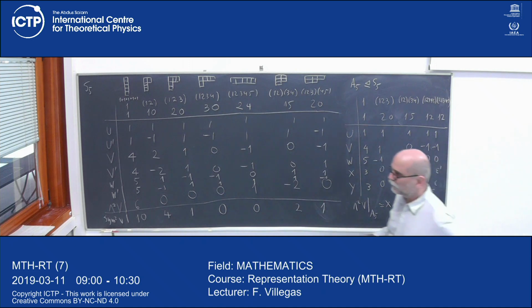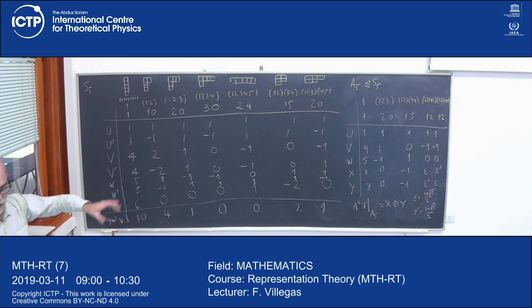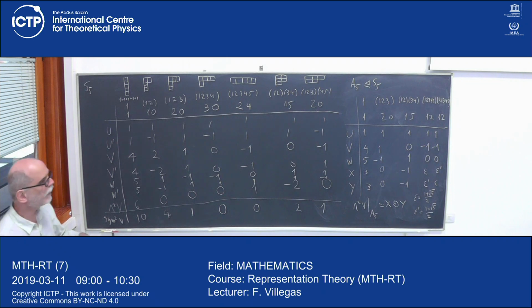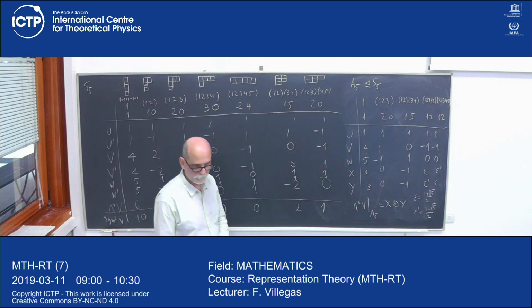And an interesting thing that we'll come back to is that S5 doesn't have an irreducible representation of dimension 3. If you think of the group S5, it cannot act in an irreducible way in 3 space. If it acts on 3 space, it will have to be a direct sum of trivials or sign. Whereas A5, what this is telling us is that in fact it acts in 3 space.